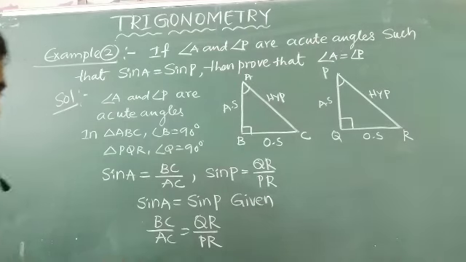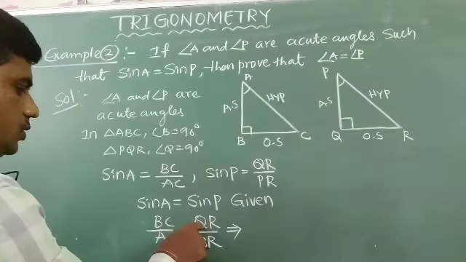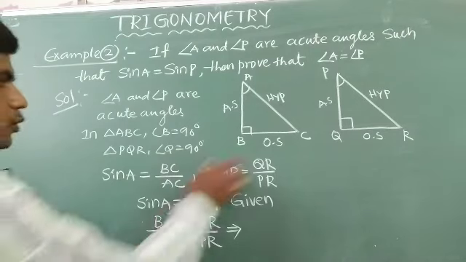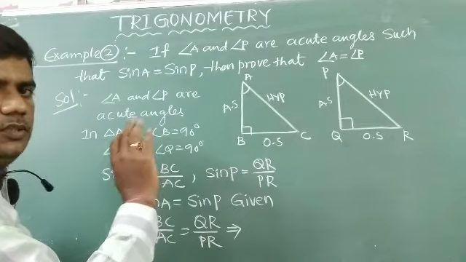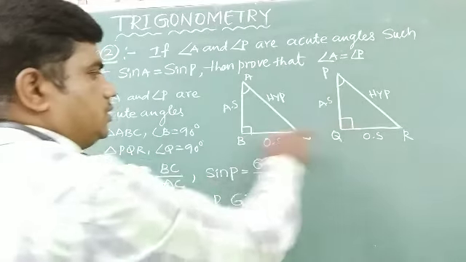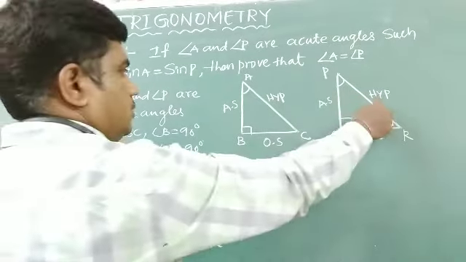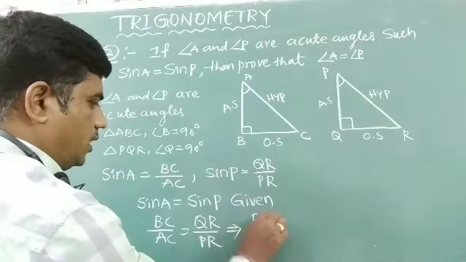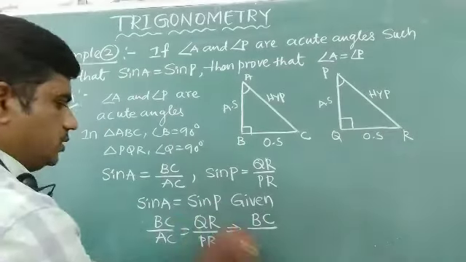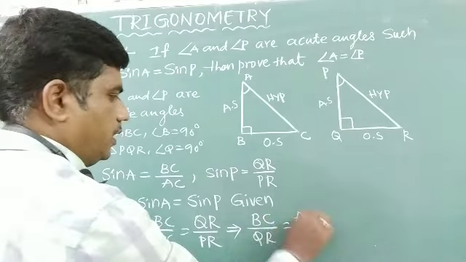From this, I am sending QR to this side. Here we are using the similar triangles concept. BC and QR are similar sides, and AC and PR are similar sides. If you rearrange the terms, BC by QR equals AC by PR.